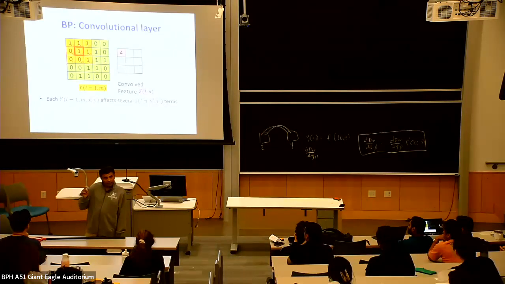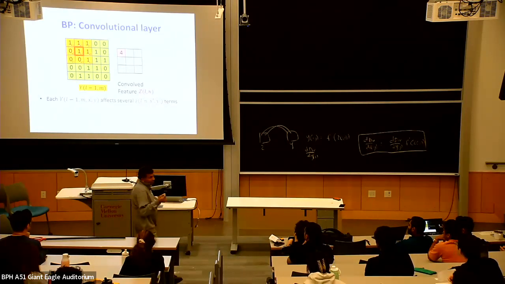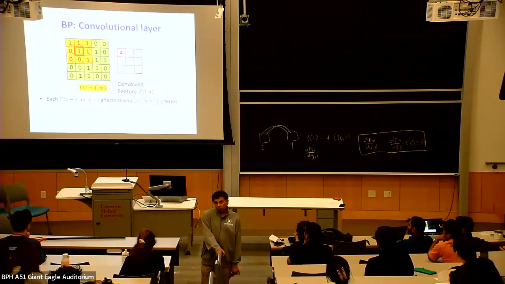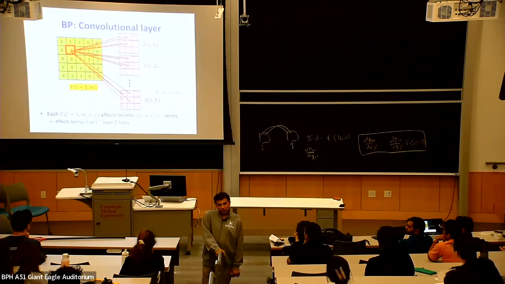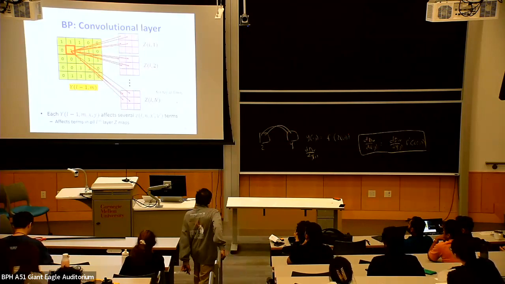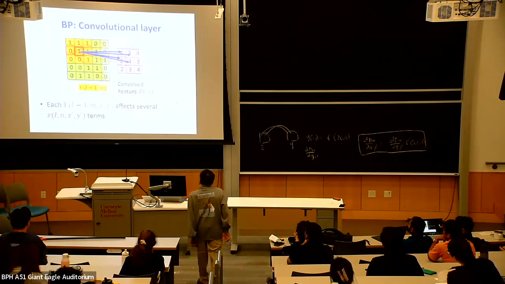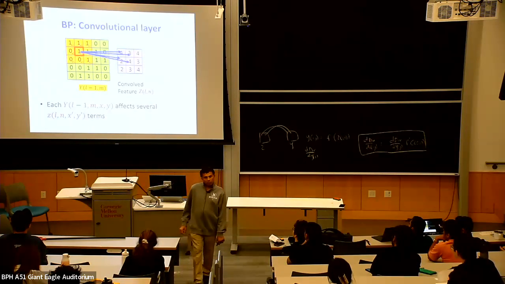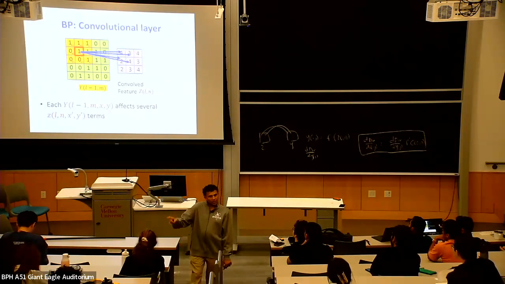So clearly this element influences the 0,0 output value. Does it influence the 0,1 output value? If I slide the filter forward, I'm going to be using this also to compute it. If I slide the filter forward, it's going to be influencing the computation of the first element.